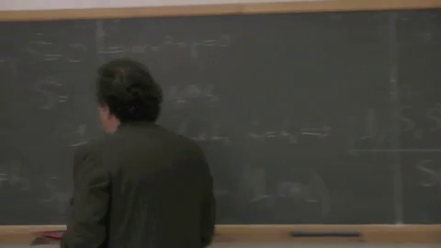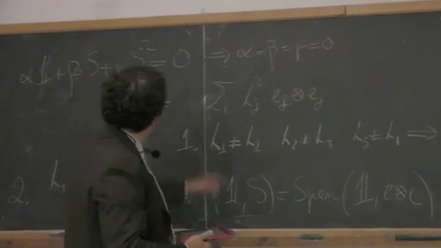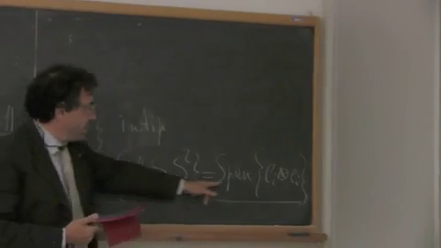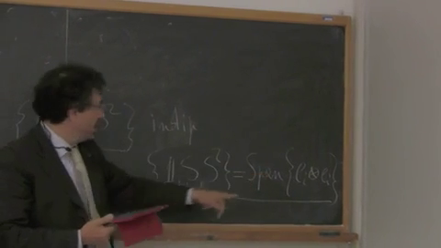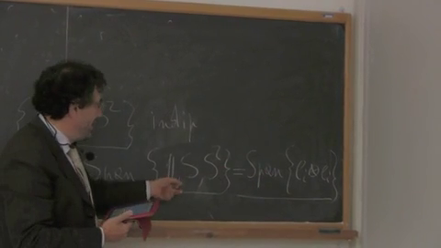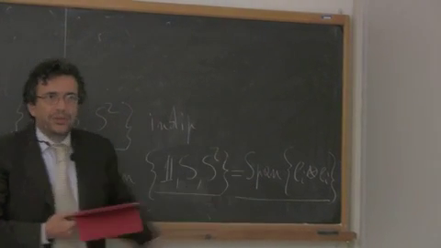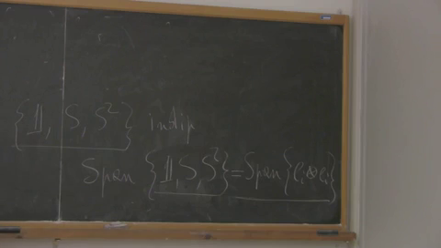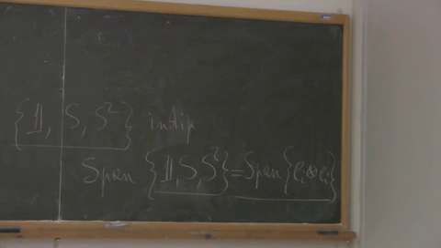Why? Because now it is clear that S square is in the span of Ei tensor Ei. S is in the span of Ei tensor Ei. The identity is in the span of Ei tensor Ei, trivially. And vice versa.